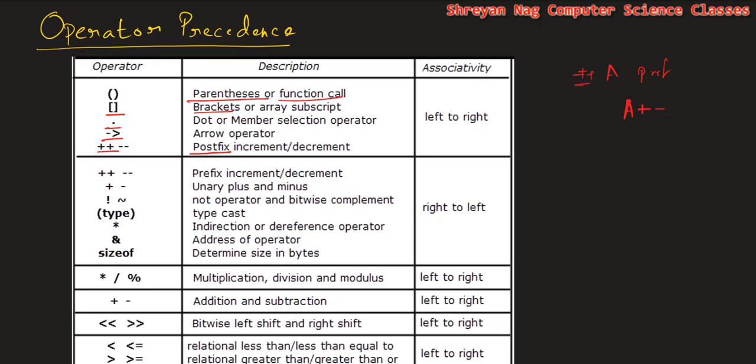Pre means before, and if the symbols are on the right side, it is postfix. So postfix has associativity from left to right. Then here comes prefix.